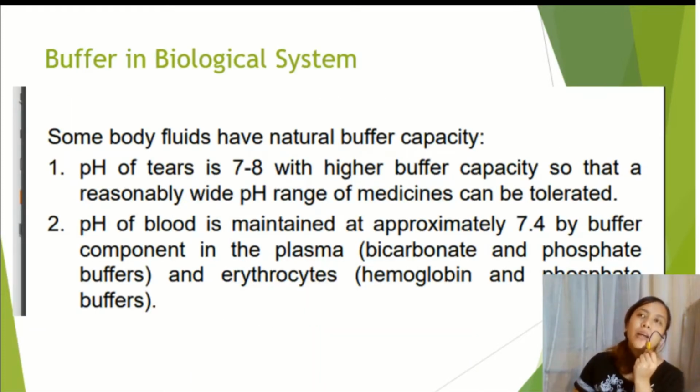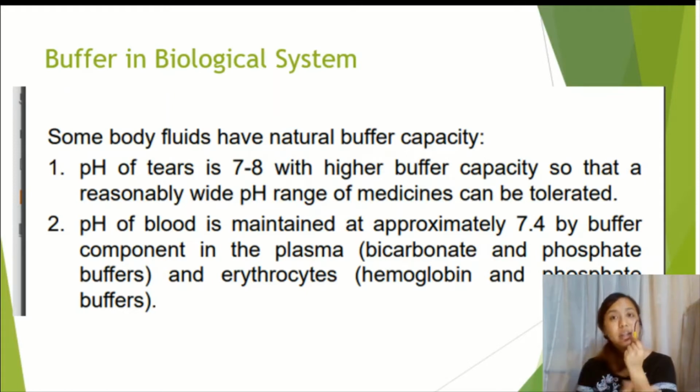So what is the importance of these buffers? Usually in humans, it is still the same as our theory with paracetamol. We resist change in our bodily system because if the body becomes too acidic, there's a chance that our proteins, our structure, will become denatured, or we can get burned, or our blood vessels can burst due to acidity.